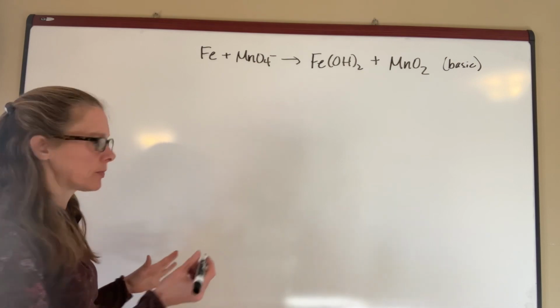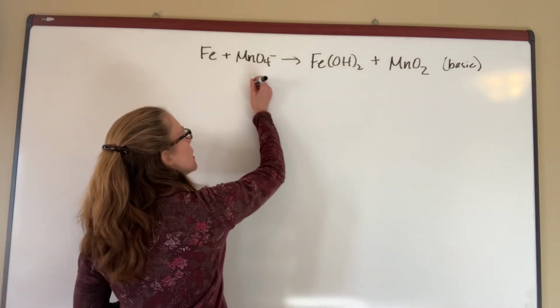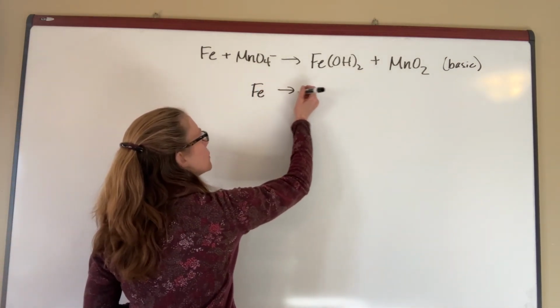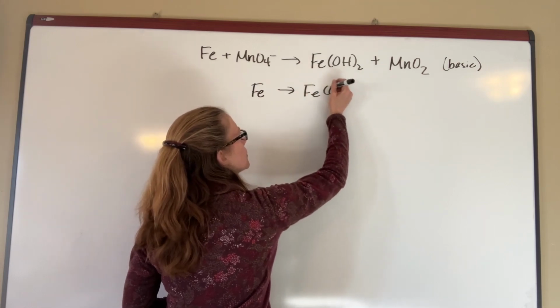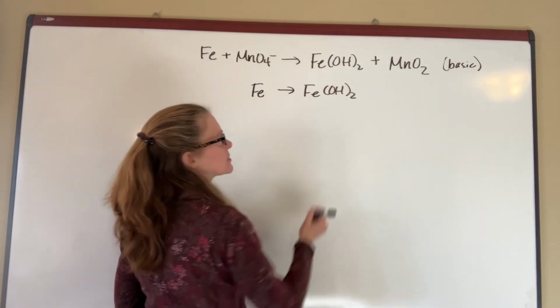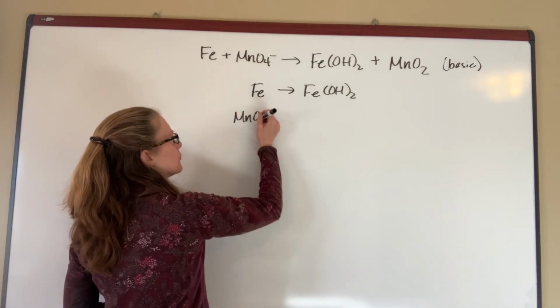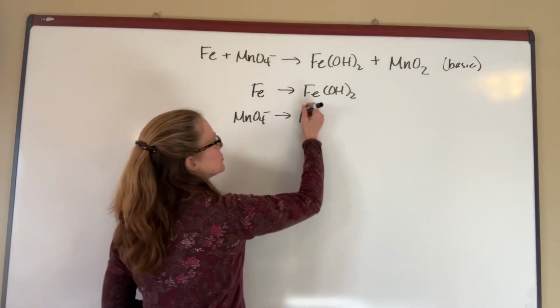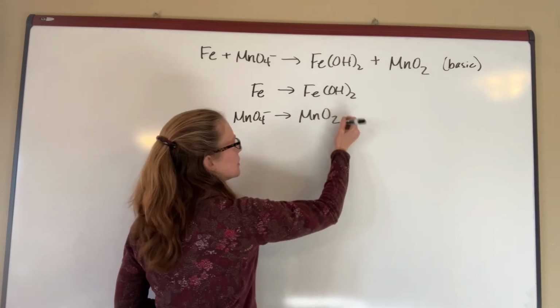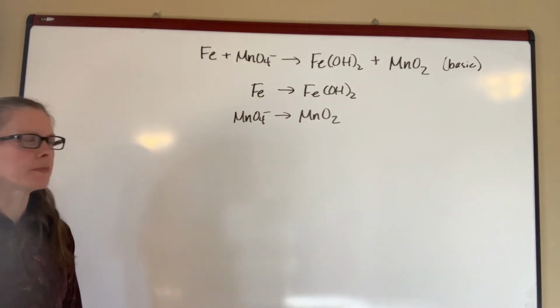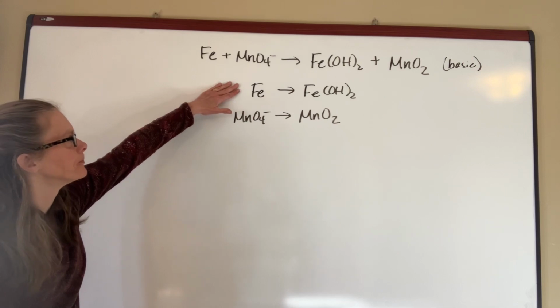So we're going to start out by writing our 2 half reactions. We're going to go iron to iron hydroxide. And then we're going to go MnO4 minus to MnO2. All right, so we'll start with this one up here.